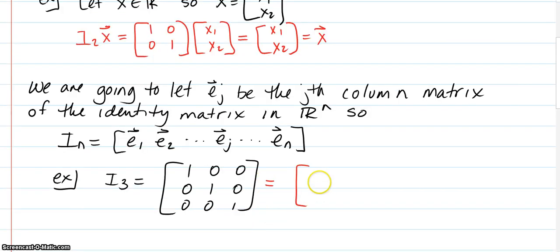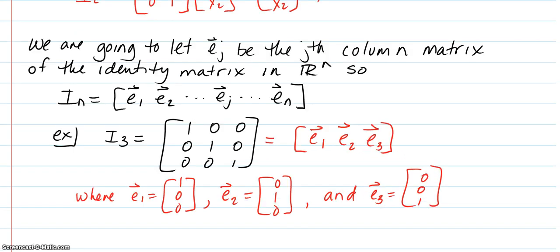It would be written as E1, E2, E3, where E1 is the first column of that identity, E2 is the second column, and E3 the third. We're going to use these E's to find the matrices for our transformation.